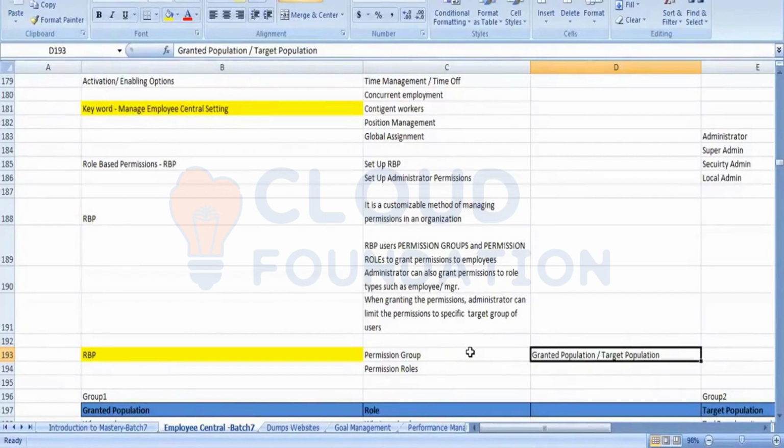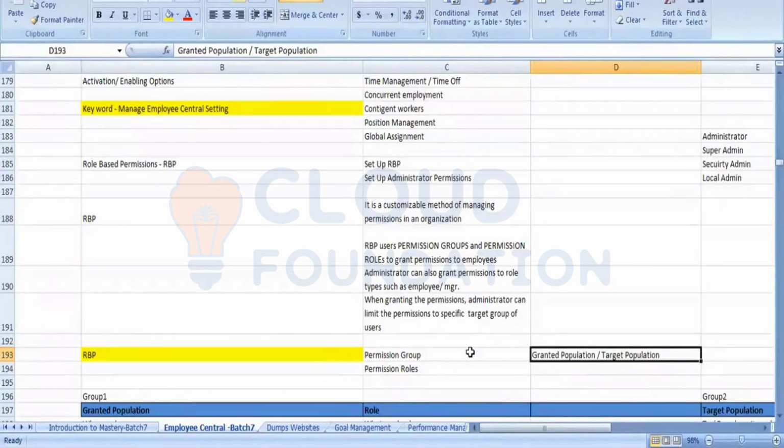Now you are the manager. Rahul, you are the manager and suppose you are located in Germany. Now Germany has 100 employees there.